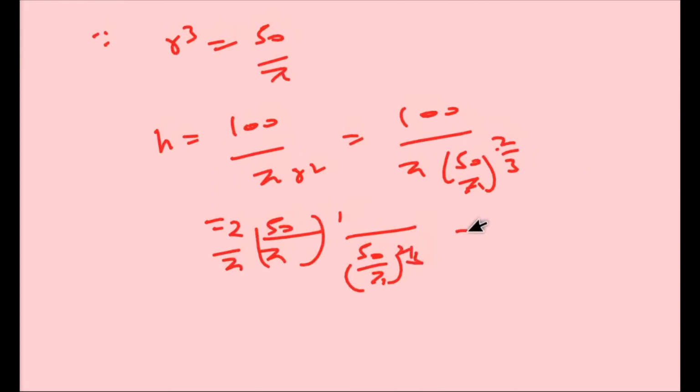Taking this calculation, 2 upon pi, 50 upon pi to the power 1 minus 2 by 3, that is 1 by 3.